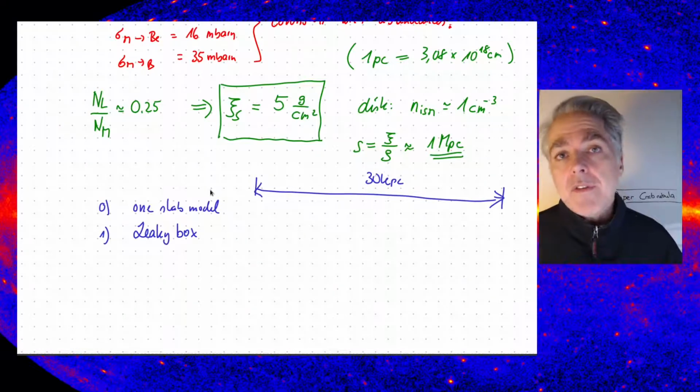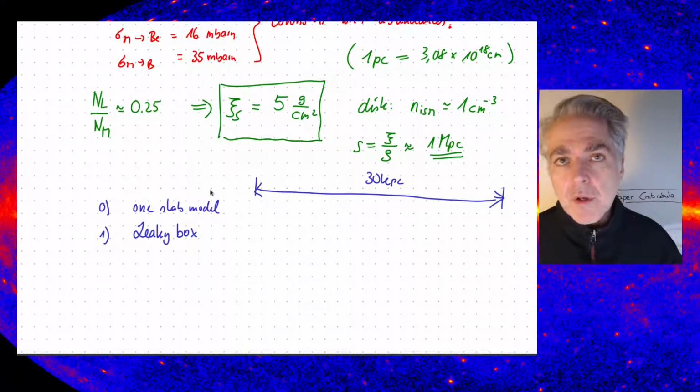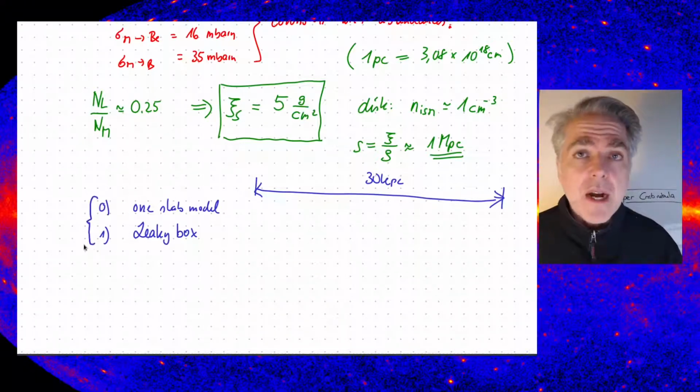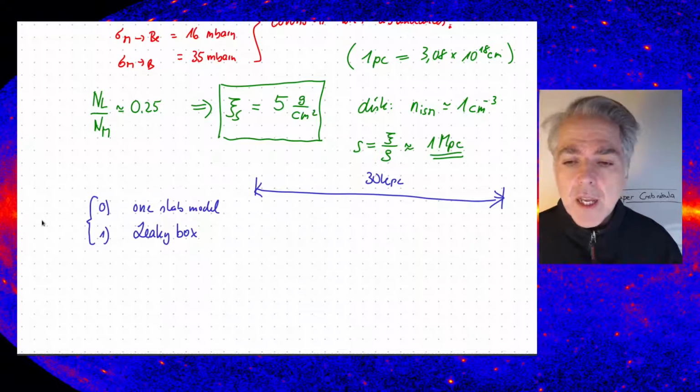Each reflection has a probability very close to unity of keeping them in, but after several reflections, at some point they will leak out. This is the next step of a one slab model, but they're both unphysical because our galaxy doesn't really have a boundary where things could deflect off. They're ad hoc models, but they help to put some kind of model into perspective.